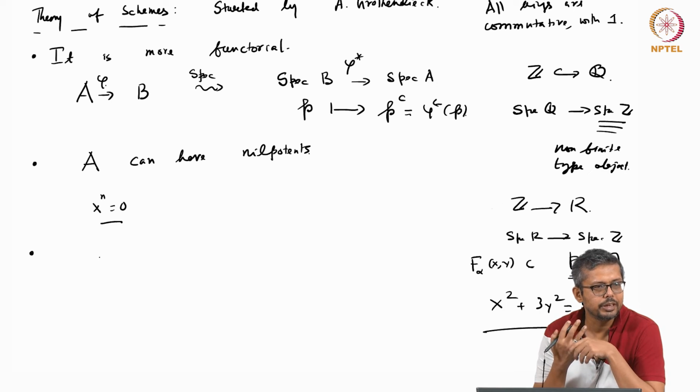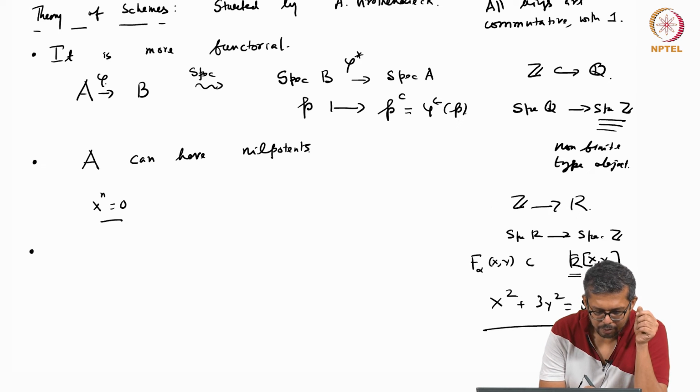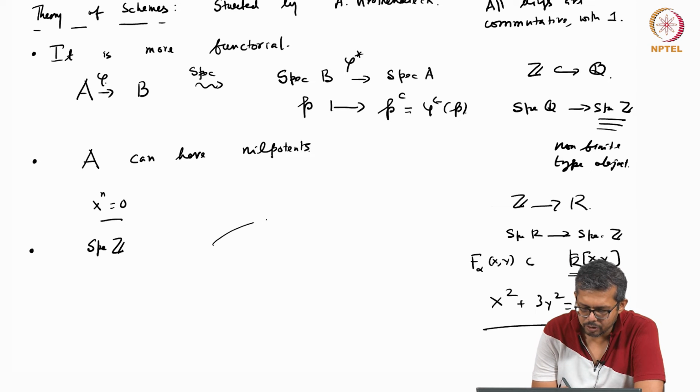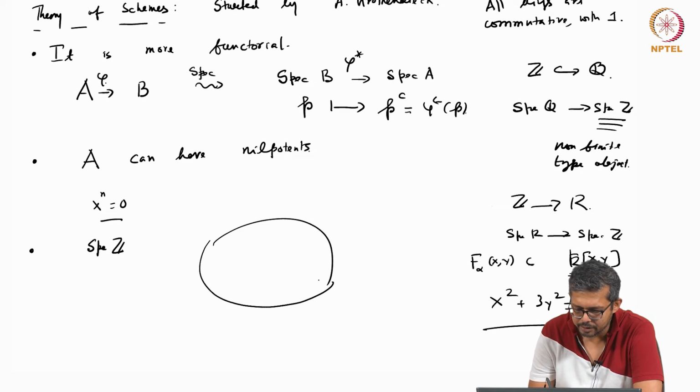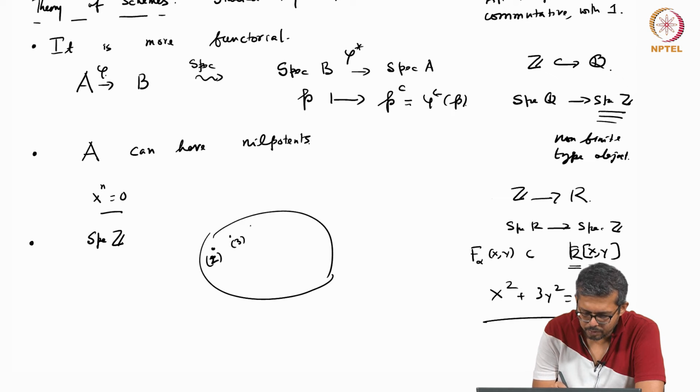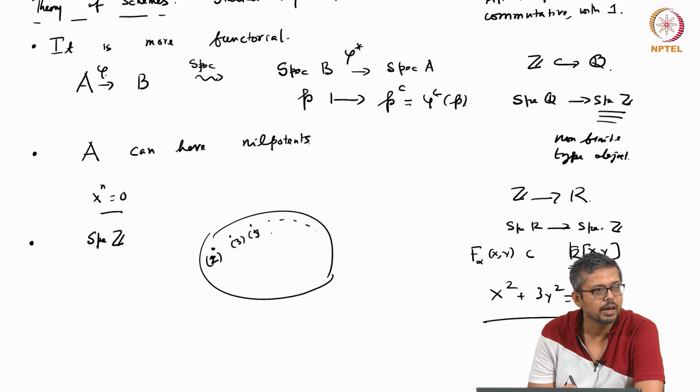For example, consider Spec of Z. These are prime ideals, right? So if I write Spec of Z as this, then every prime, say 2, 3, 5, and so on, all primes are here. These are closed points because they correspond to maximal ideals.